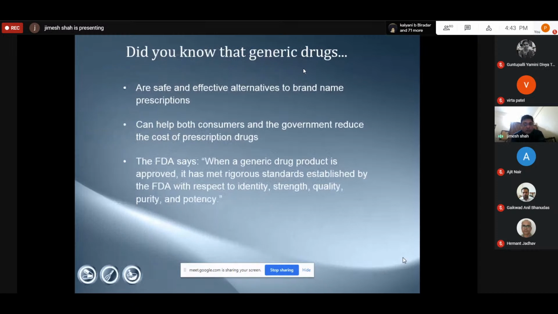So the basic question is: what are generic drugs? We know that they are a very safe and effective alternative to brand name prescriptions.